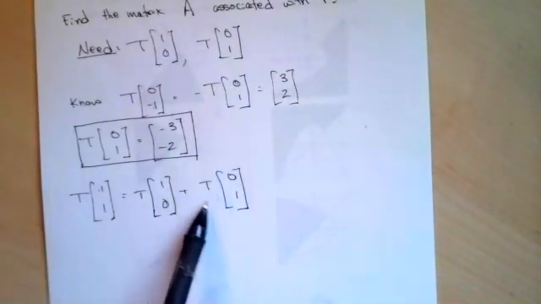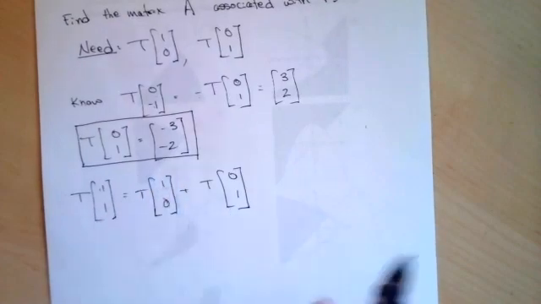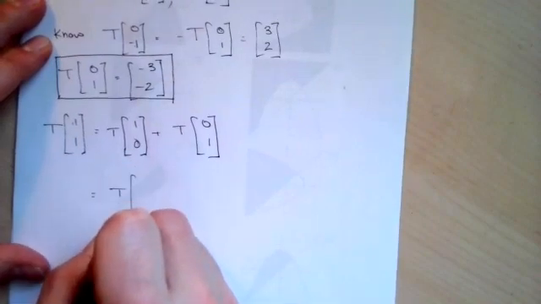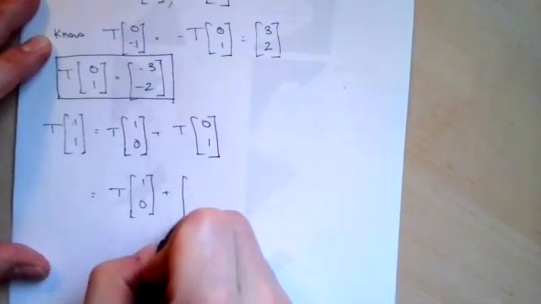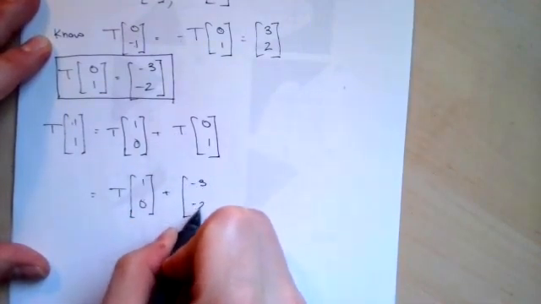This right piece we know. This piece we don't know. So we're trying to find where the image of the vector (1, 0) goes. T of (0, 1) we now know is (-3, -2).